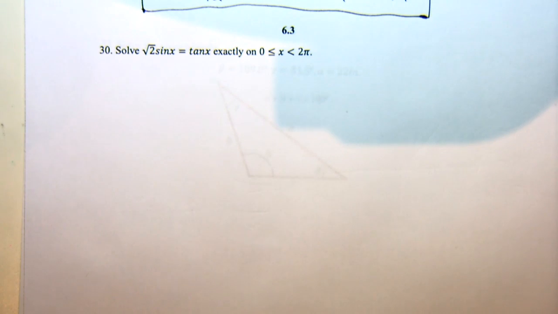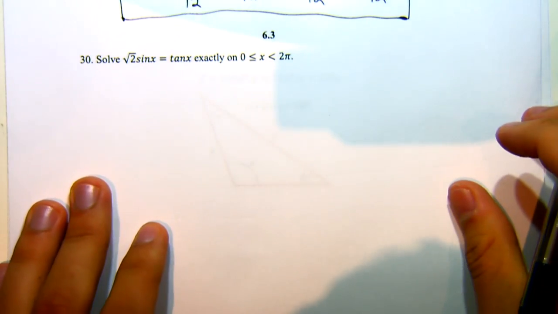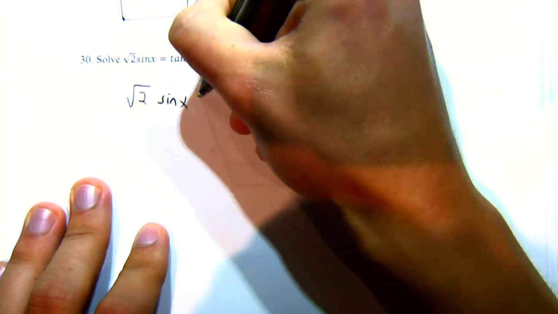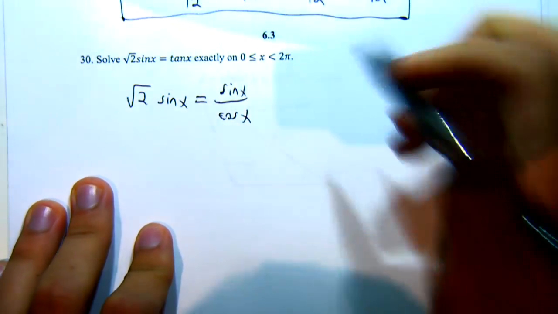Solve square root of 2 sine x equals tangent x exactly on the interval 0 to 2 pi. So here, a helpful thing to do first is convert tangent to sine over cosine. Alright, and then we multiply cosine on both sides.